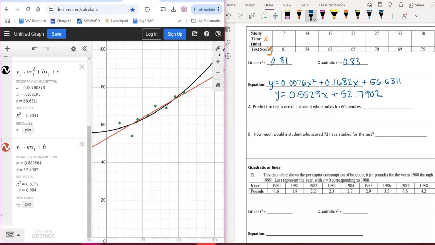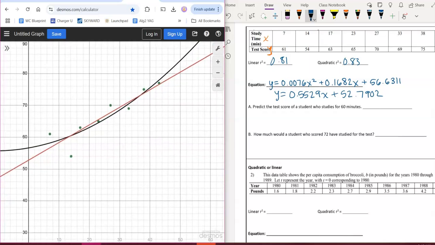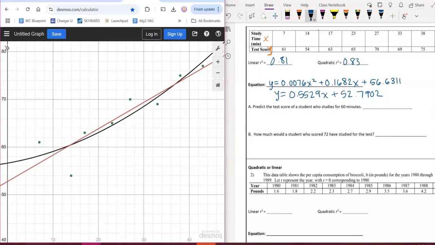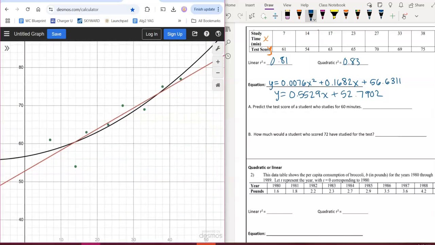Now let's take a look at the data and determine which one of these equations is going to be more accurate for this set of data. What do y'all think? Do you think the linear graph works better for the set of data or the quadratic? Kind of hard to say, right?